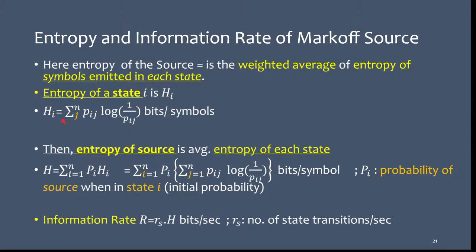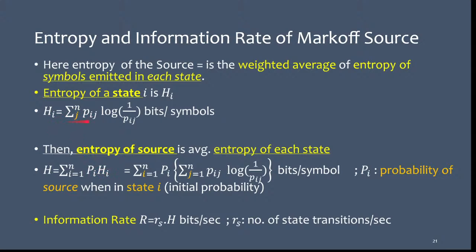Hi, what we find here, that's the entropy of the state. So basically entropy of the source is equal to its initial probability or probability of that source multiplied by the entropy of the state. That's what is written here, Pi multiplied by Hi.